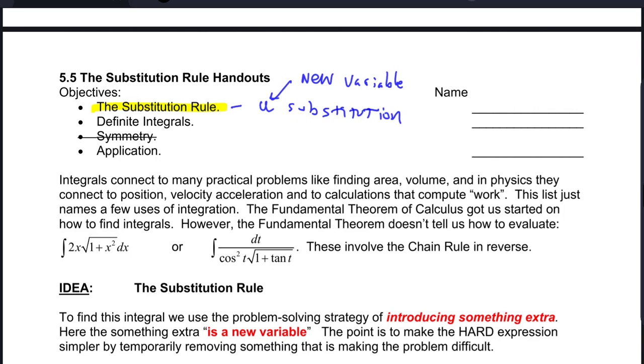So the fundamental theorem of calculus got us a long ways. It helps us do integration, and integration has so many applications in the world of math and physics. It can do areas, it can do volumes, which we're not going to get to see, but in 6.1 that's the first little glimpse at how integration can do volume. Physics, we talked a little bit about position function, acceleration, and velocity.